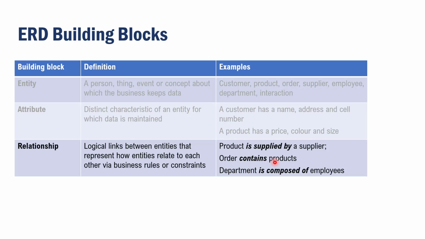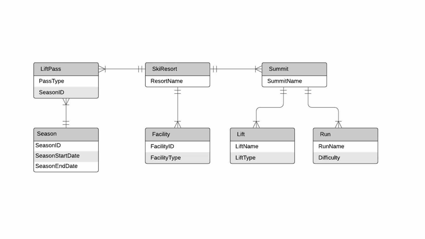Order contains products that you're going to buy. A department is composed of employees. So there is a relationship between entity department and entity employees and so on. So the purpose of ERDs, of data models, is to depict important data entities, relationships between them, and their distinct characteristics.